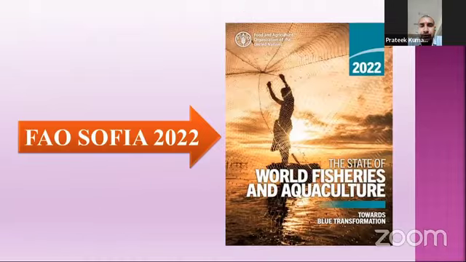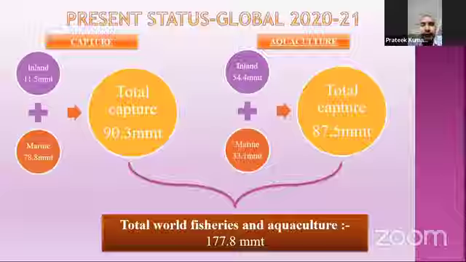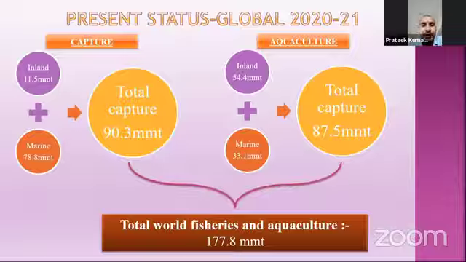Present status: first we see capture fisheries and aquaculture fisheries. Capture inland production is 11.5 million metric tons and marine is 78.8 million metric tons, so total capture is 90.3 million metric tons.